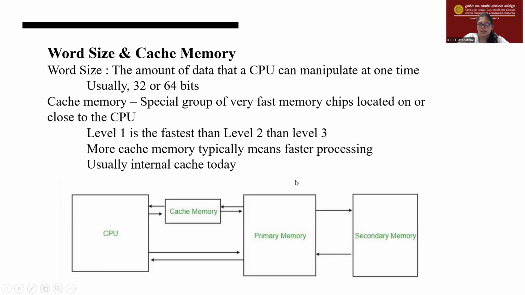Internal cache memory is one example. So in summary, level 1 cache memory is faster than level 2 and level 3. It's a faster memory chip located on or close to the CPU.